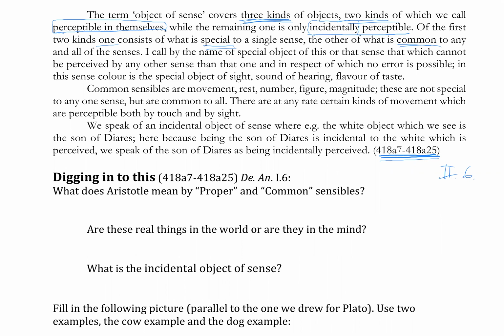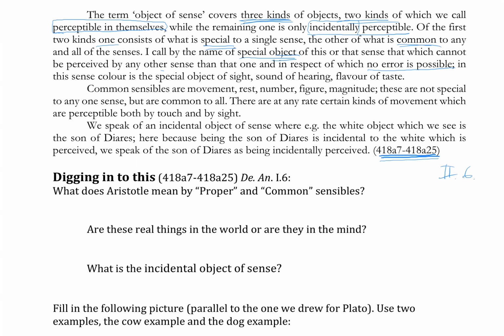I call by the name of special object of this or that sense, that which cannot be perceived by any other sense than that one, and in respect of which no error is possible.